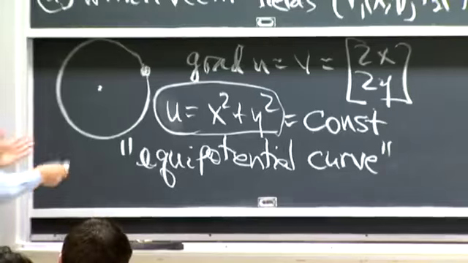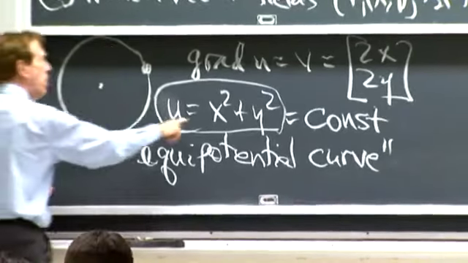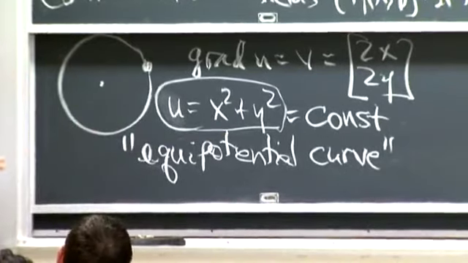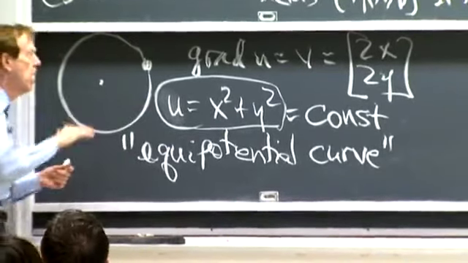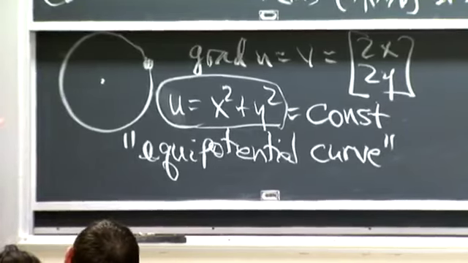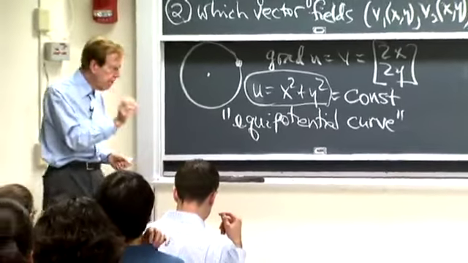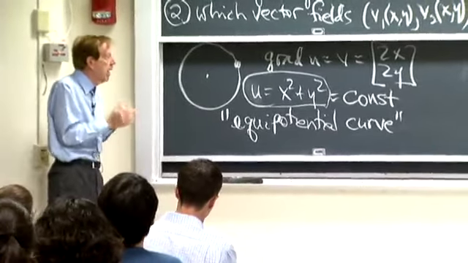So I'm in the xy plane. This is the curve u equal constant. When I have a curve u equal constant and I draw the gradient of u, where does it point? This is the first and most important simple idea about the gradient vector.